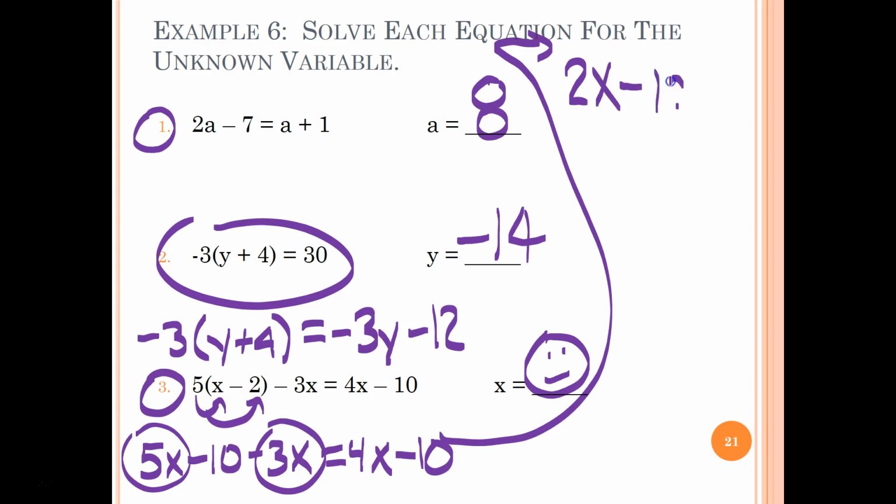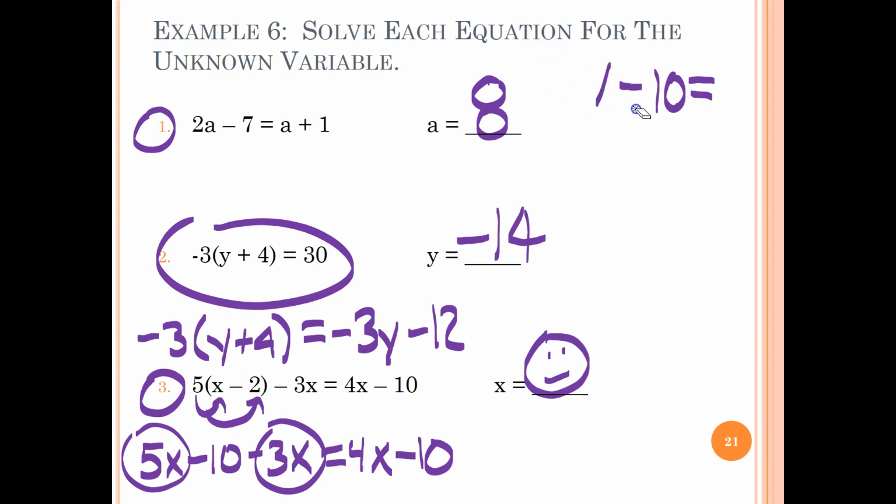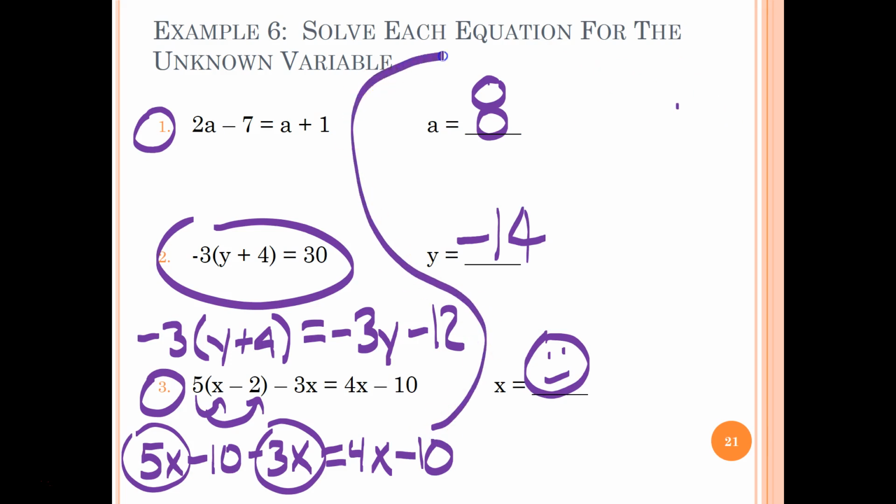So 2x minus 10 equals, and I'm going to give myself a little more space here, 4x minus 10.